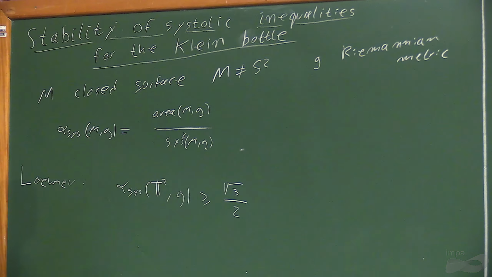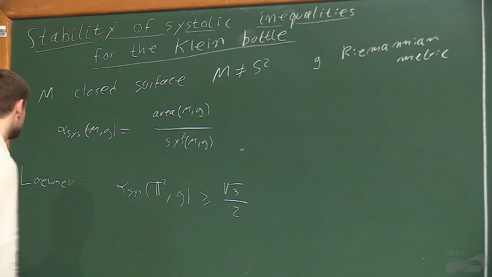So this holds for all metrics on the torus, and we also know that equality is only attained if the torus is isometric to an equilateral flat torus.